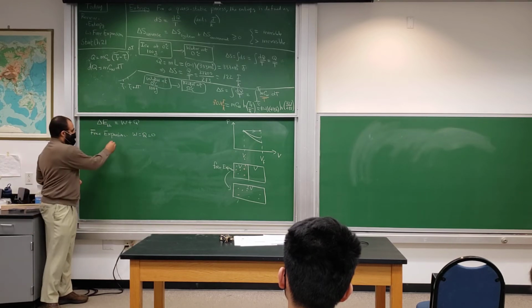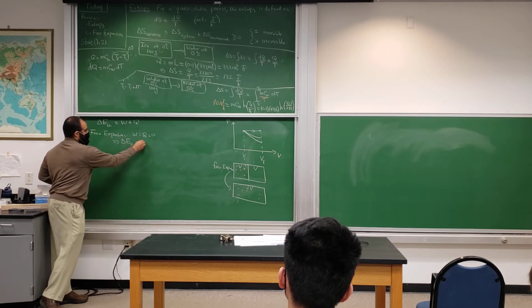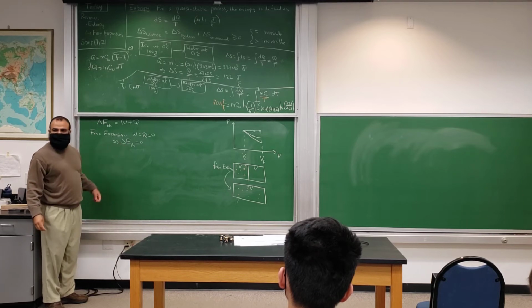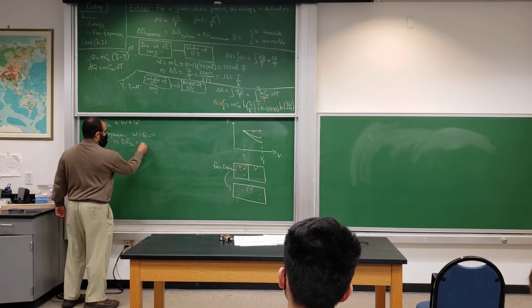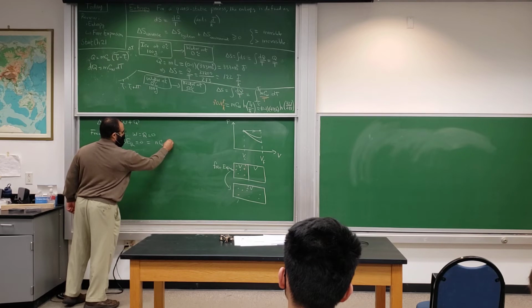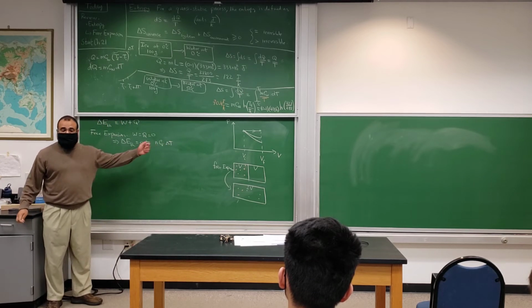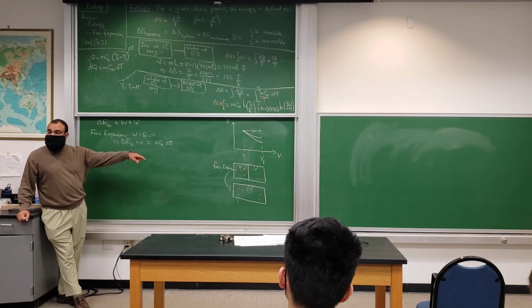Zero. Therefore, the change in thermal energy is zero. So what do I conclude about the change in temperature? It's the same. Yeah, the temperature doesn't change, because remember the change in thermal energy is n Cv delta T. So if it's zero, the temperature is constant, the change is zero.